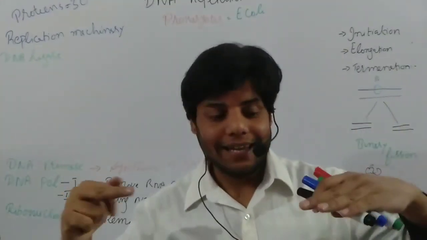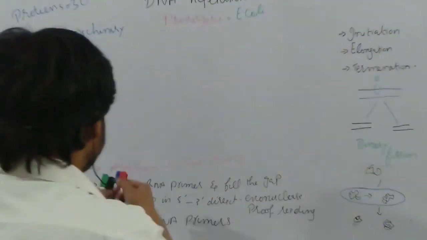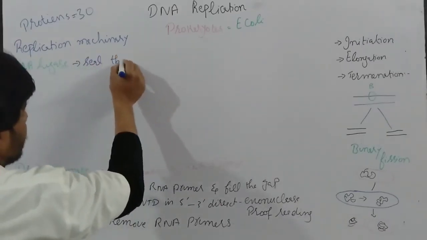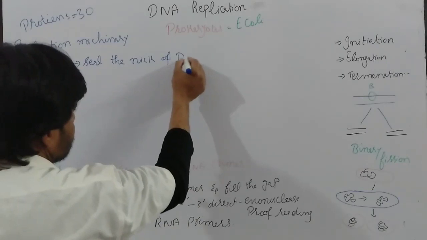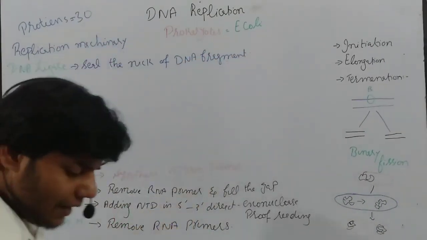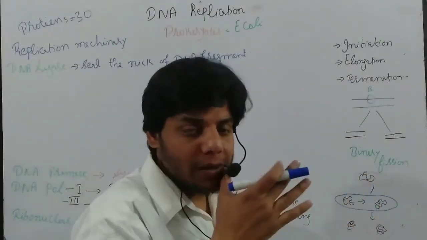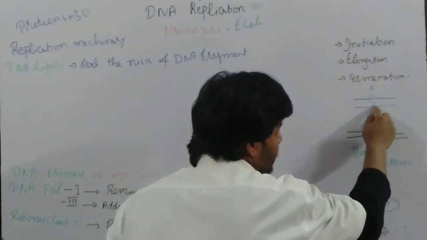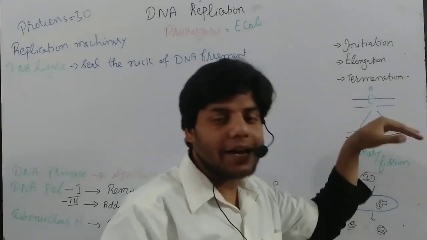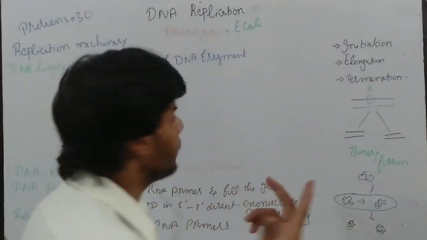DNA ligase can seal the nick of the DNA fragments, or it can form the phosphodiester bond. For example, if the phosphodiester bond is missing, it can create the phosphodiester bond by joining the fragments of the DNA molecule.